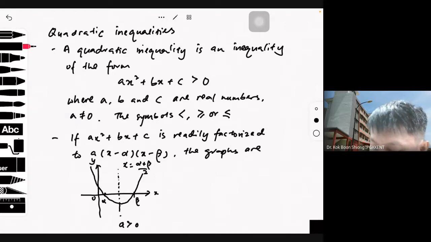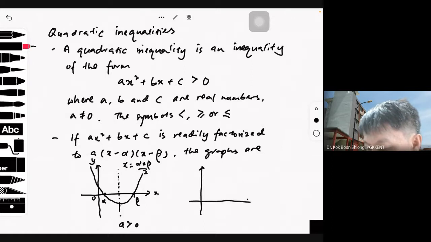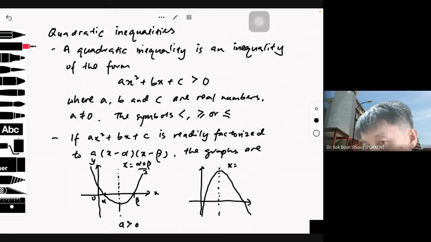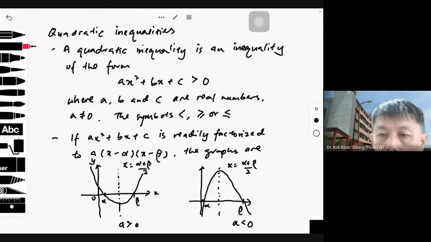In another case, if a is smaller than 0, the curve is pointing upward. Again the vertex is between alpha and beta. So we have two types of quadratic graph.